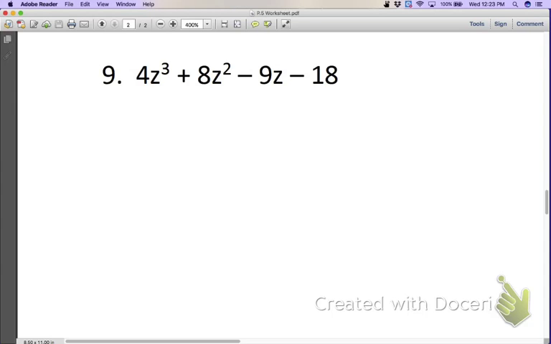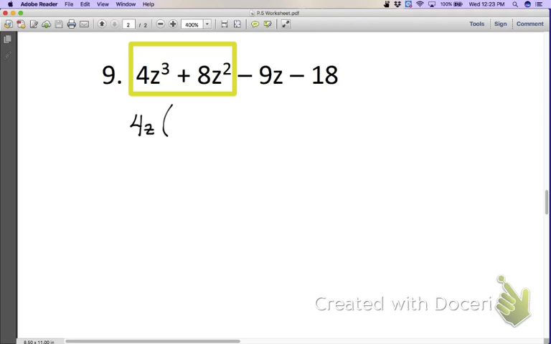So if we factor by grouping, what can I factor out of the first 2 parts? 4z squared.